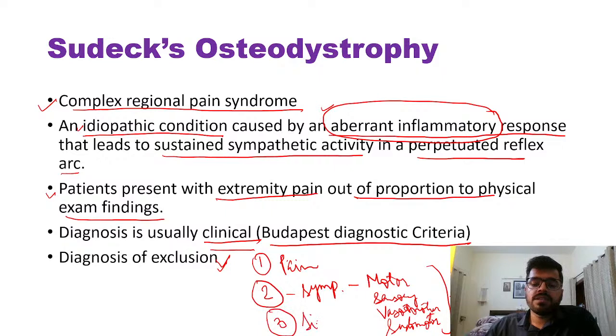And signs also, 3 signs out of these 4 should be present, and there should be no other explanation for the cause of pain and other symptoms. So it is a diagnosis of exclusion. Sudeck's osteodystrophy or complex regional pain syndrome, it's a diagnosis of exclusion. There is sympathetic overactivity which leads to all the changes.